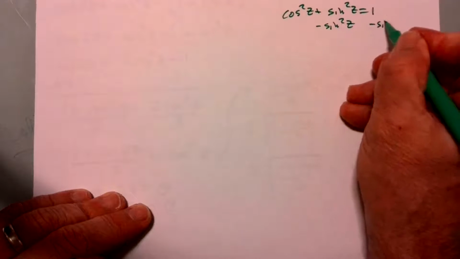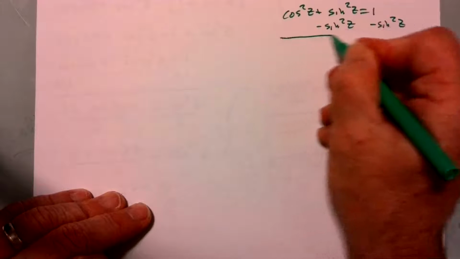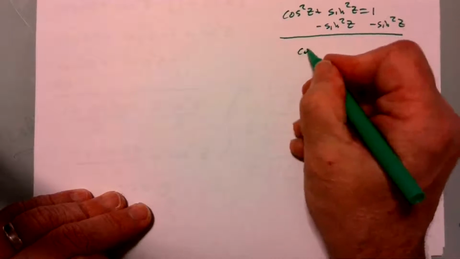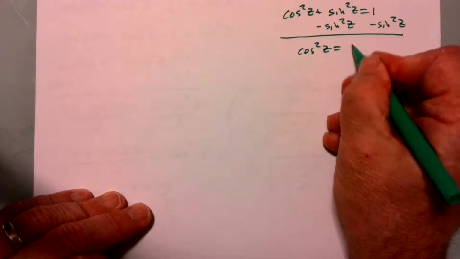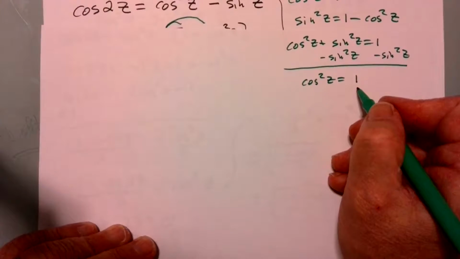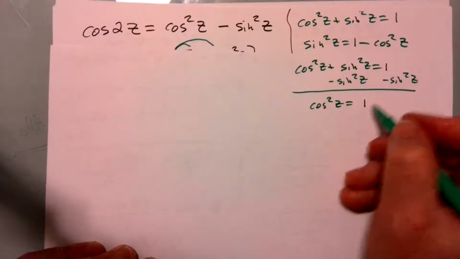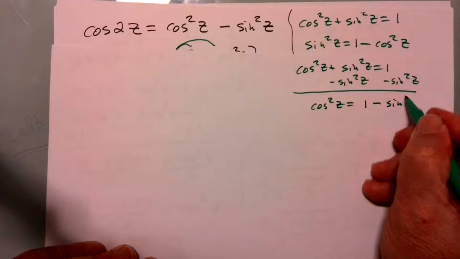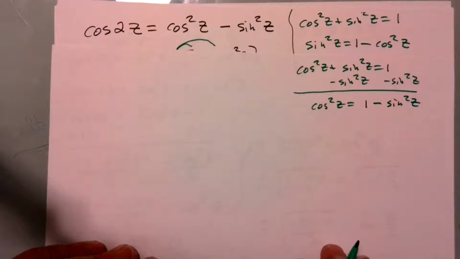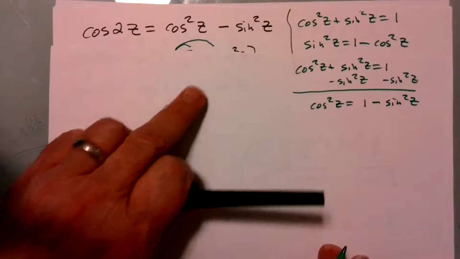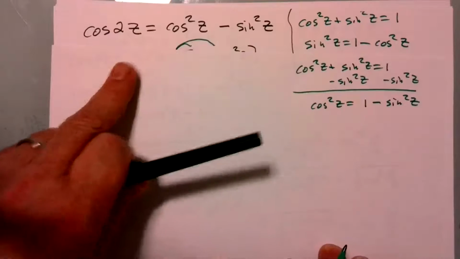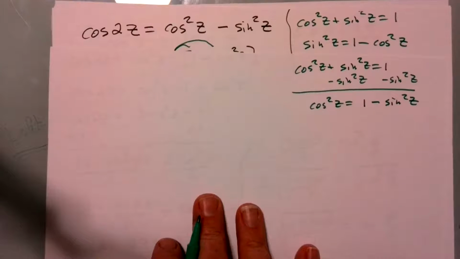So I get cos squared z equals 1 minus sine squared z. So we can replace cos squared z with 1 minus sine squared z. There's my identity up on the top of the page here.